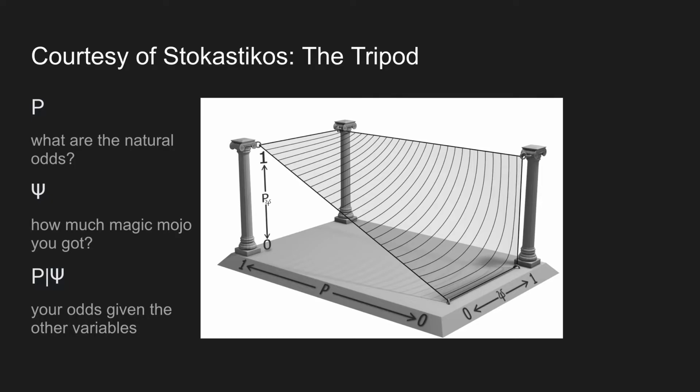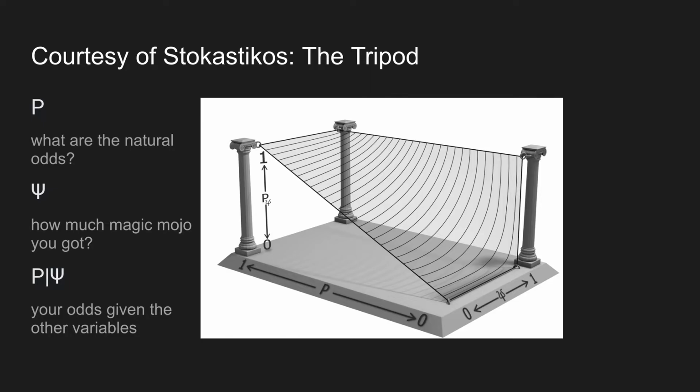If we're on the right with the 0, it's almost completely not going to happen, or there's no likelihood of it happening. And the axis that's orthogonal to that is psi, on a scale of 0 to 1. 1 essentially means you are king among sorcerers, and 0 means you haven't applied any magic whatsoever.